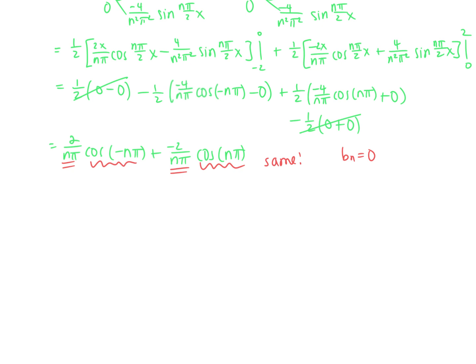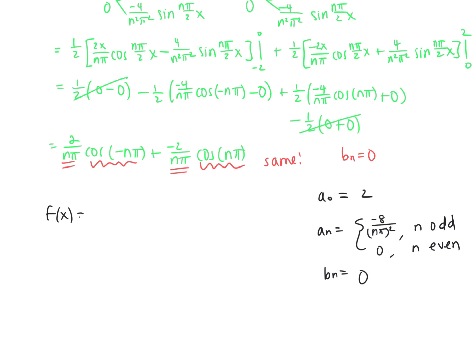So let's do that. On the right side, I'm just going to write down everything that we got for a of 0, a of n, and b of n. Okay, so now putting this all together, our f of x is equal to 1 subtract 8 over pi squared. I'm just factoring that out.